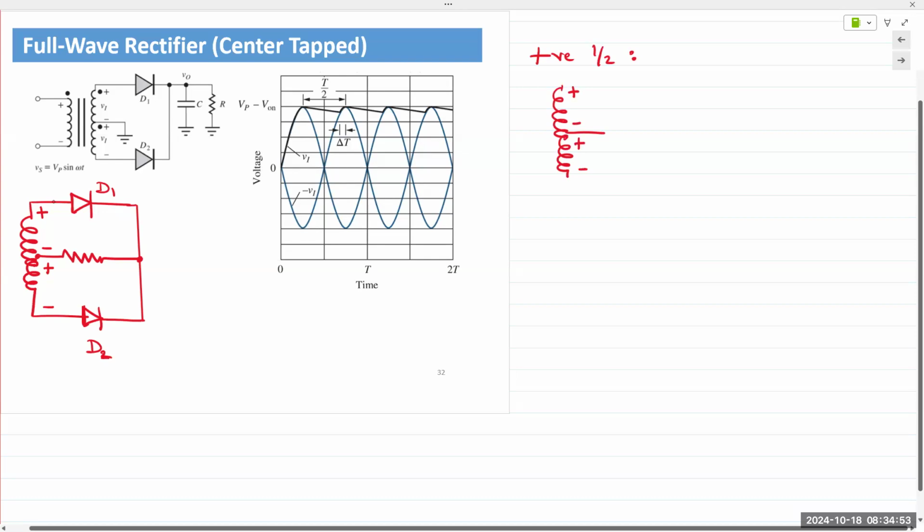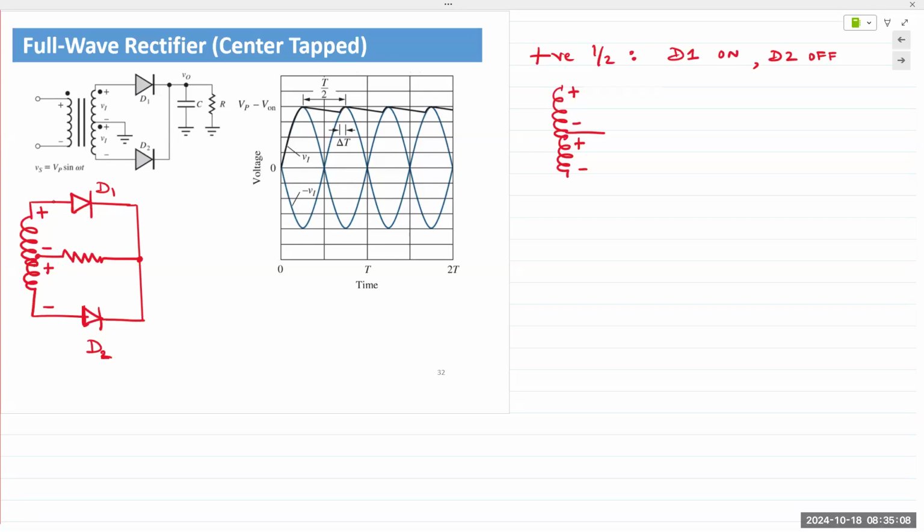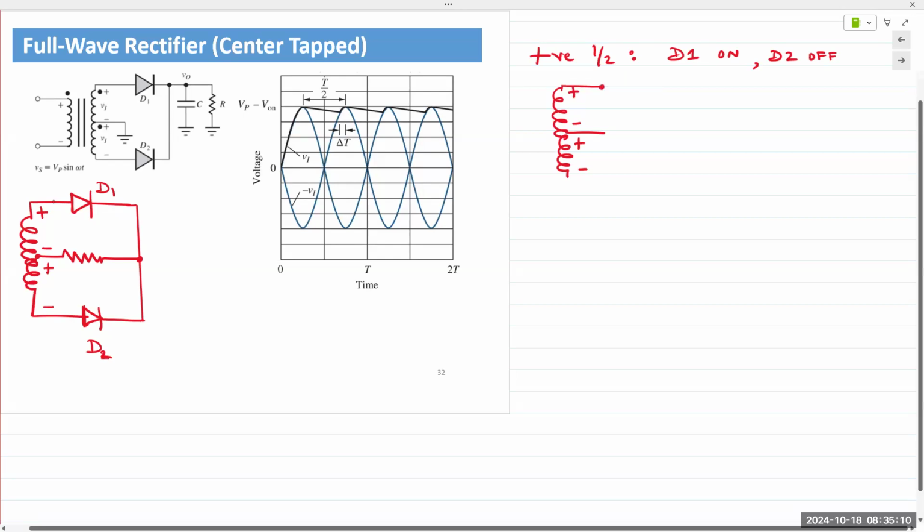So your diode D1 is on and D2 is off. Again, ideal diode model. So positive is being applied to D1 and negative is applied to D2.